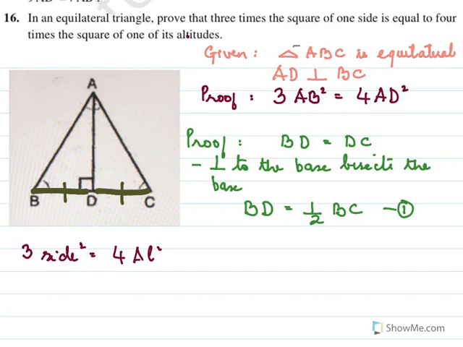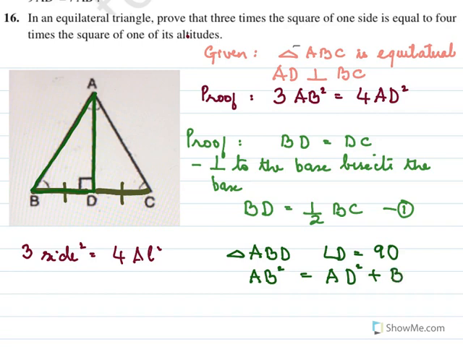Now it's time to use my Pythagoras theorem. I'll use the Pythagoras theorem in triangle ABD. Angle D is 90. AB will be the hypotenuse, so AB square equal to AD square plus BD square.